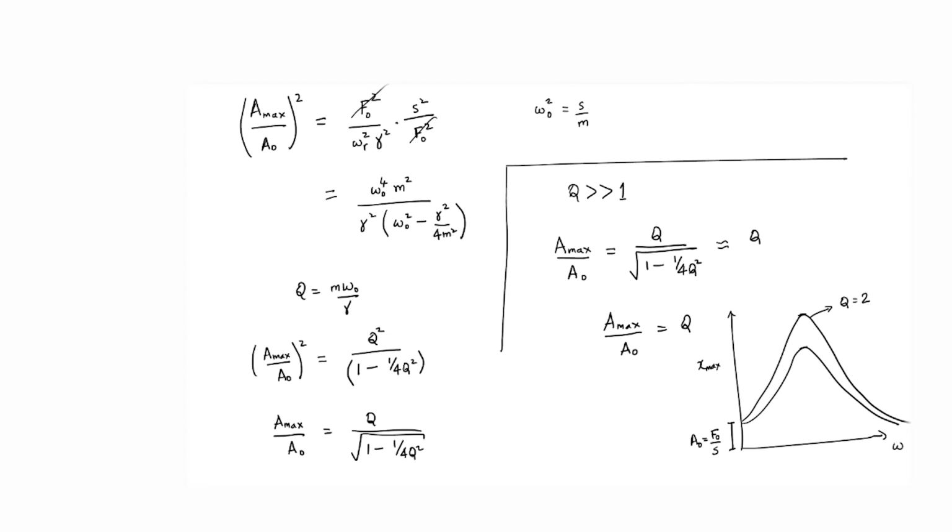So, we can draw some more curves like this, and this could probably be Q equal to 3, and so on. So, you would notice that larger the value of Q, sharper is the resonance, and the resonance width, which is the value of this width at half the peak with respect to, let us say, this peak, gets narrower and narrower as Q increases.